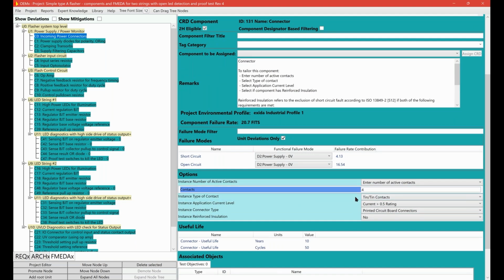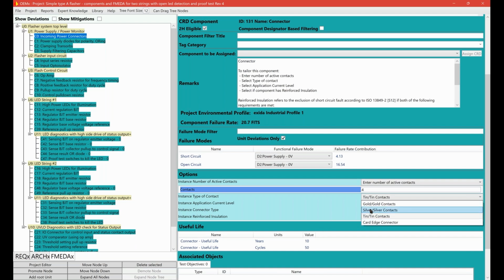I can see we've chosen tin contacts. What are the other choices? Well, it could be silver or gold. The tin contacts give us a useful life of 10 years or 50 cycles. Yeah, that kind of makes sense to me. I've had a lot of trouble with those kind of connectors over the years after a period of time.